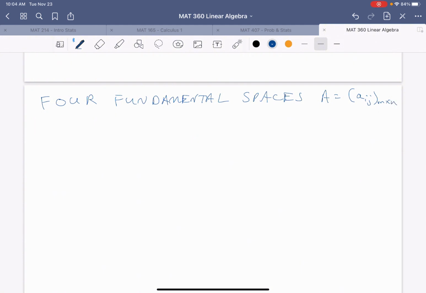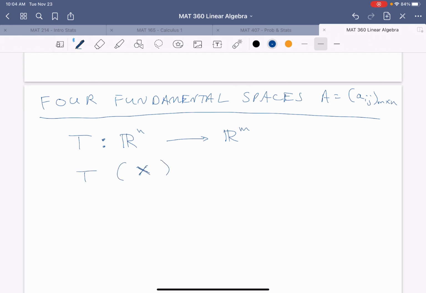Okay, so I found it helpful to think of the linear transformation. So remember that we can define the transformation from Rn into Rm as T of some vector x is equal to our matrix A times the vector x.